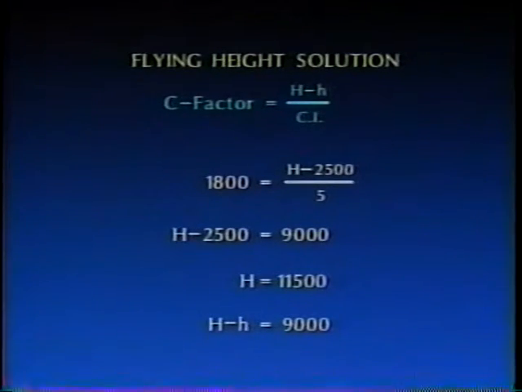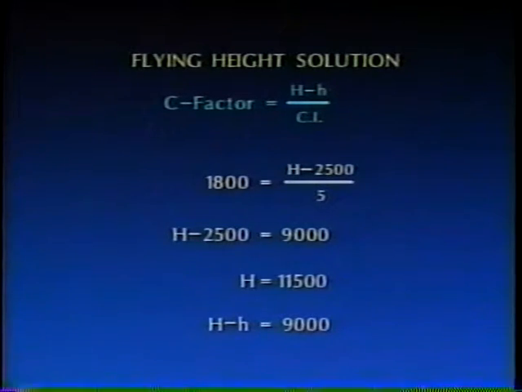Now we have to determine the answer to problem 1B, the flying height above sea level, using what we have to work with, the contour interval, 5 feet, and the C factor, 1,800. The C factor equals H minus small h over the contour interval.